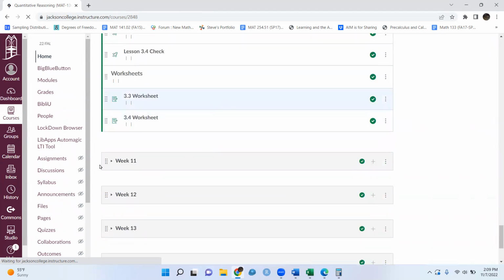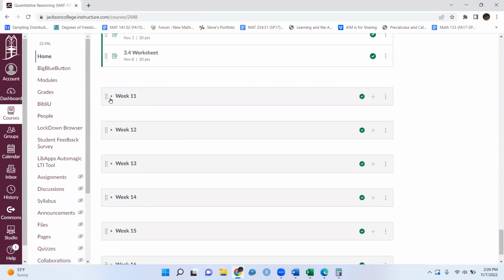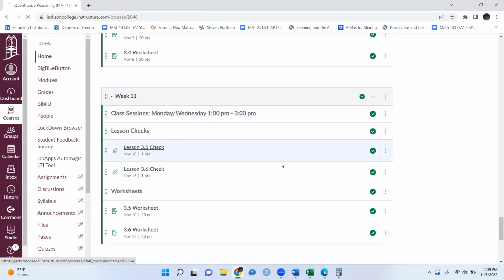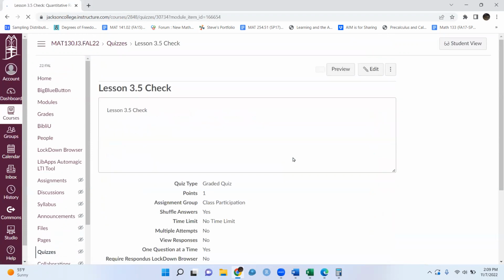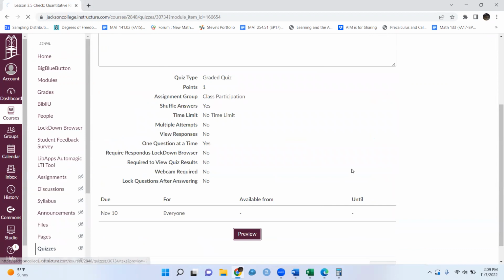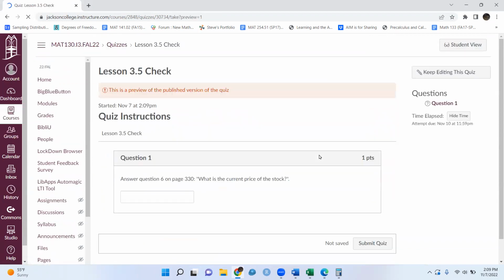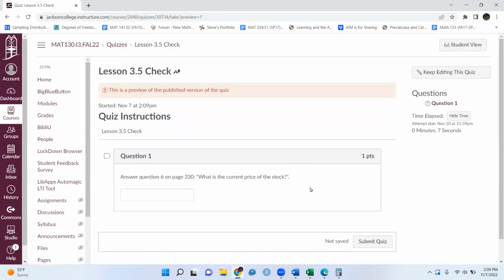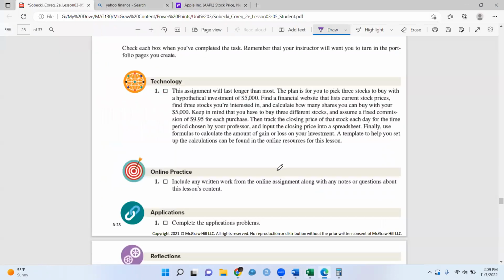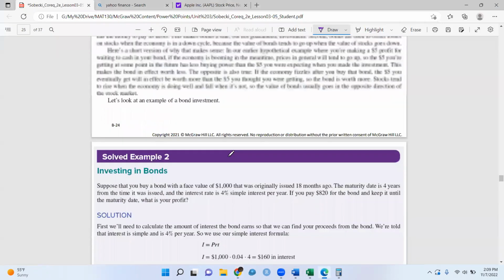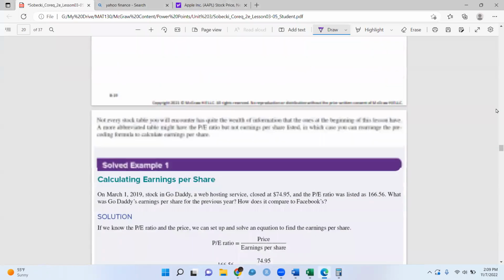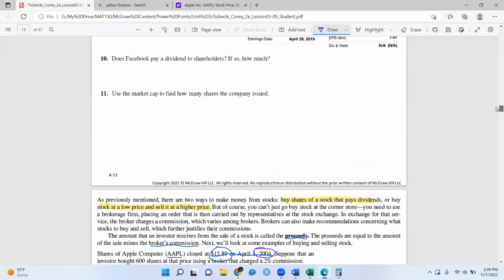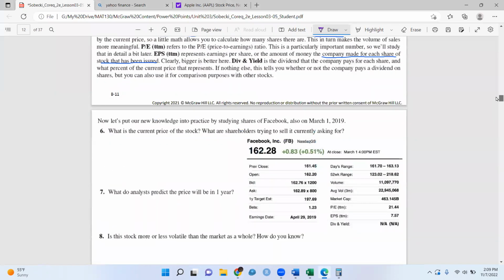Okay, let's do the lesson check for 3.5. Thank you, Melissa. That's a good idea. I think it's: what is the current price of the stock? We kind of skipped that because we went straight to the homework instead of doing it here. It's this one, and it's 162.28.